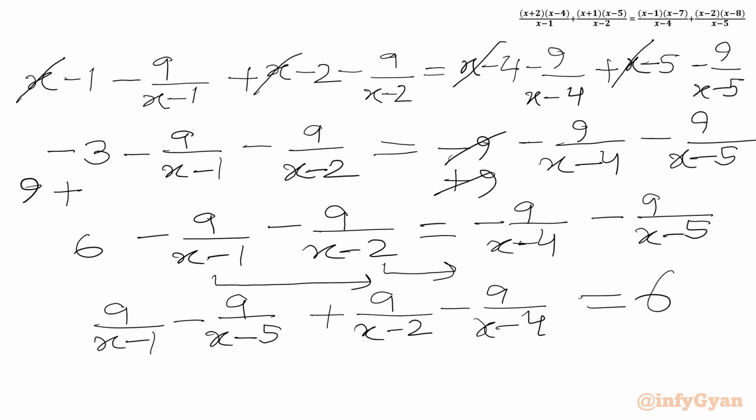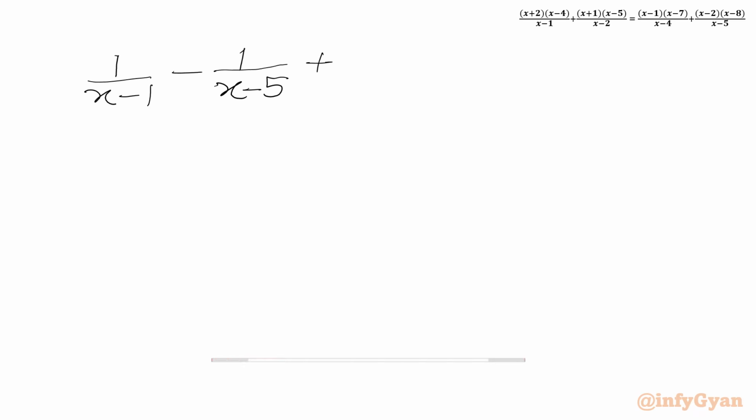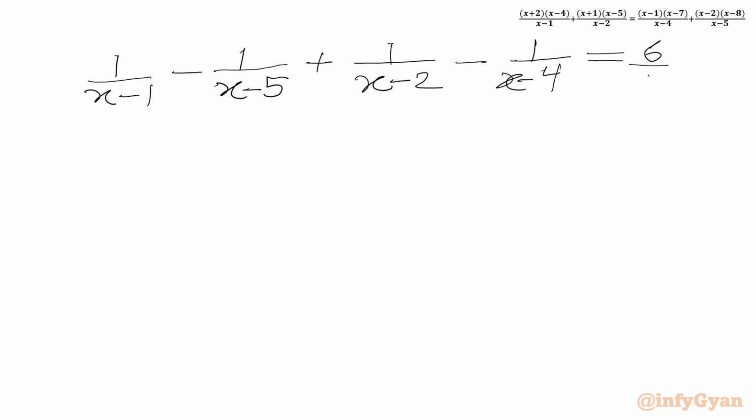We will get 1 over x minus 1 minus 1 over x minus 5 plus 1 over x minus 2 minus 1 over x minus 4. This will be equal to 6 over 9, which we can write 2 over 3.